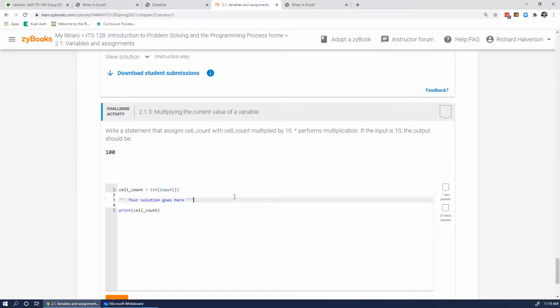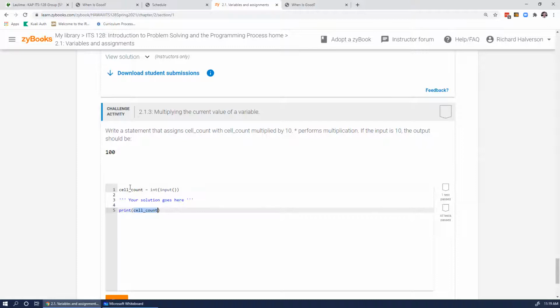You only have to put in the thing that makes cell count multiplied by 10. So if the input is 10, the output should be 100. So it's cell count times 10. So to multiply cell count by 10, okay, here we are reading in cell count, and then we're actually manipulating cell count itself, and then we're going to output cell count again, but cell count's going to have this new value.